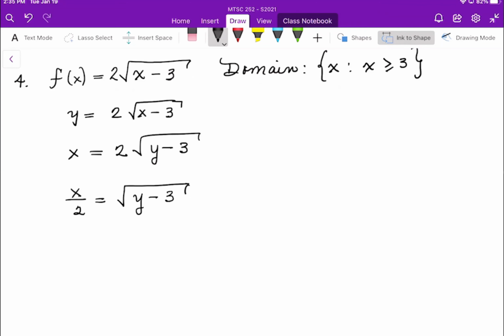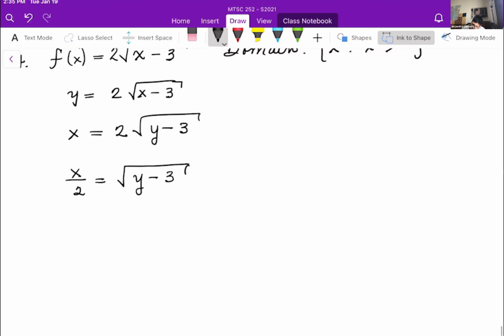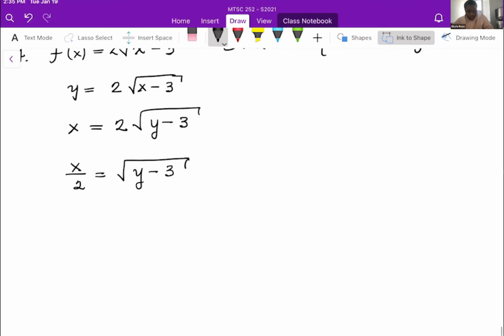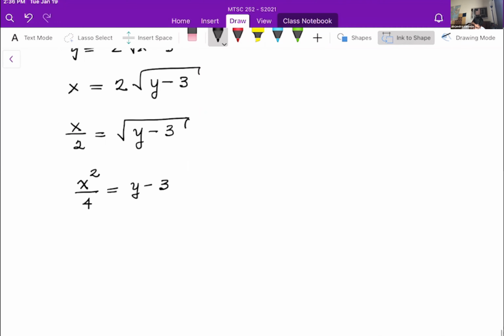I'm doing a problem. I meant to let y'all do some. You gotta square both sides to get rid of the square root. Okay, very simple.